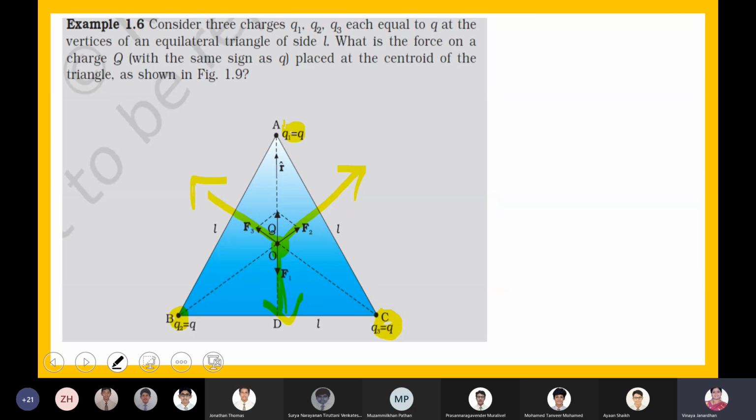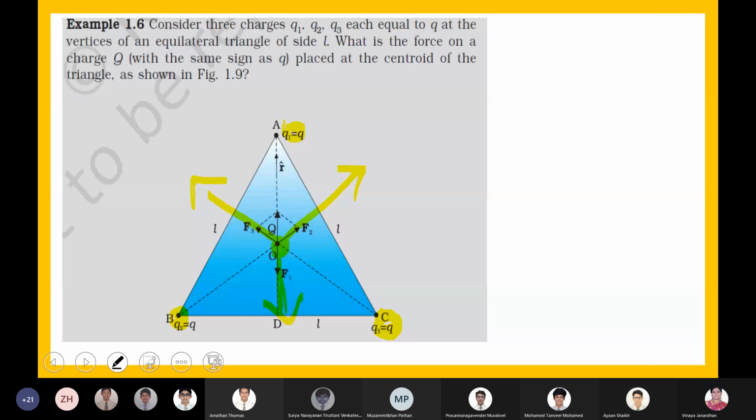So your aim is to find F1, F2 and F3. Add everything, that gives you the force acting on the total charge Q which is placed at O.